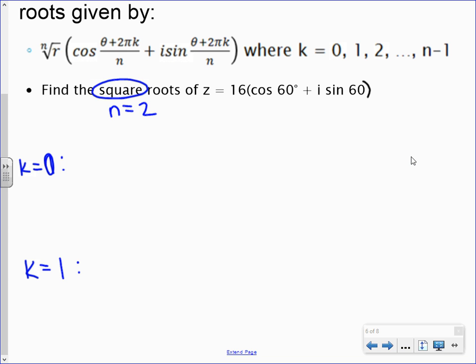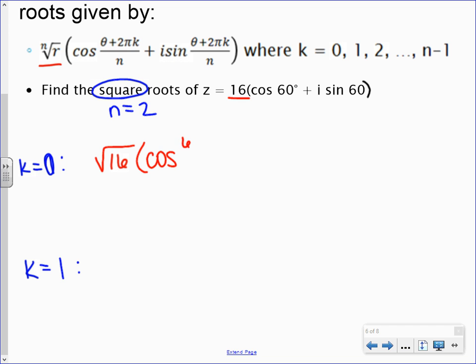Okay. So let's follow this formula. Nth root of r. Well, if r is 16, we're taking square roots. We just have to take the square root of 16. Okay. Our angle is 60 degrees.